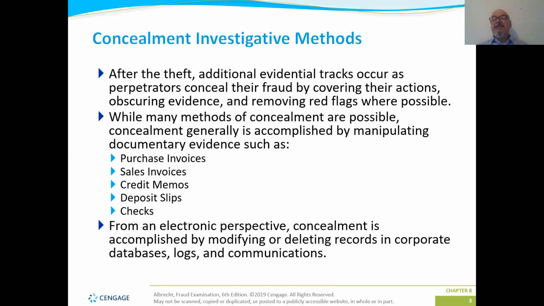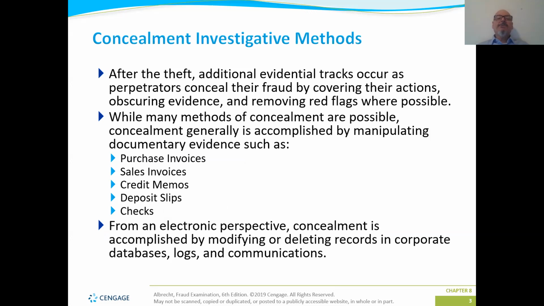So, concealment investigative methods, I just want to go over a couple of these slides. After the theft that we looked at last week, additional evidential tracks occur as perpetrators conceal their fraud by trying to cover their actions, obscuring evidence, and removing red flags where possible. There are many methods of concealment, as you probably have realized.